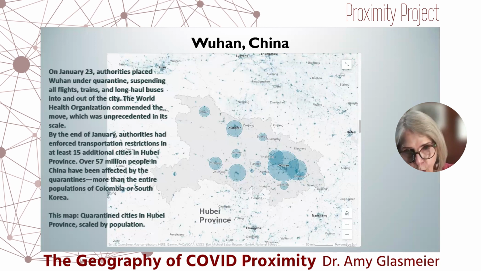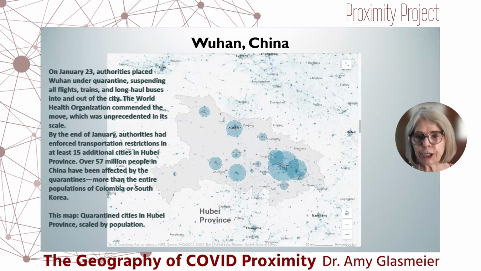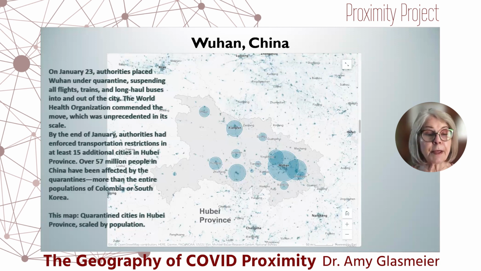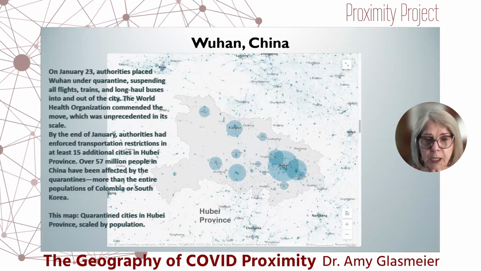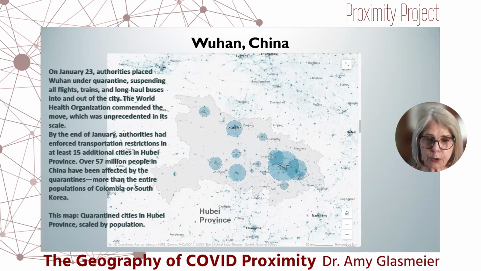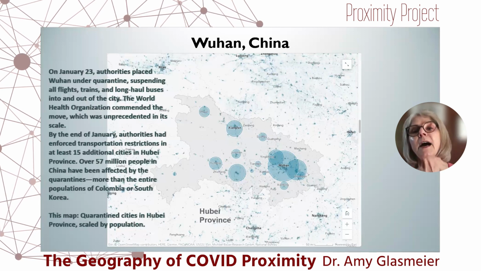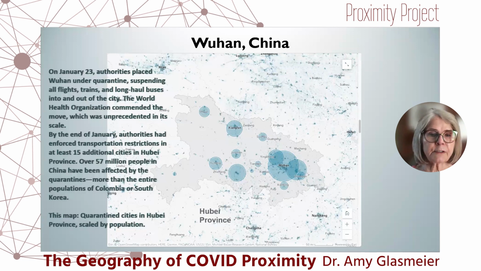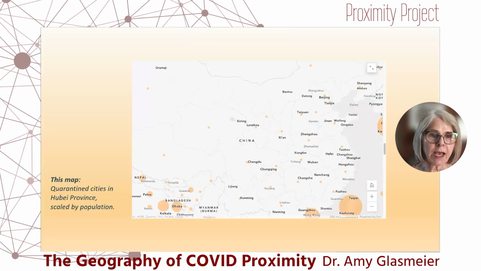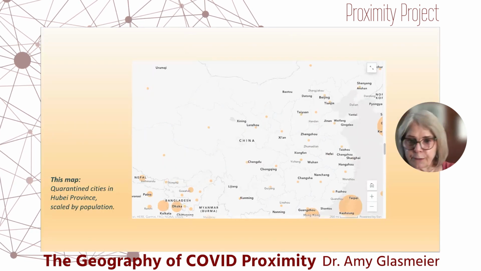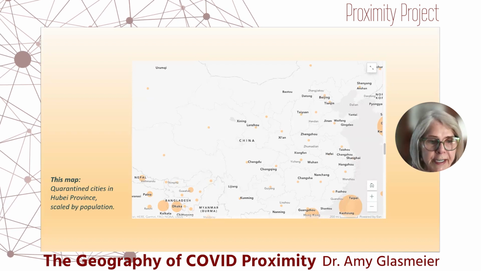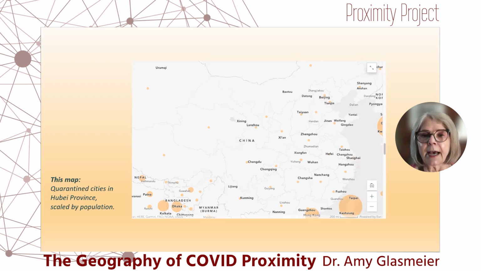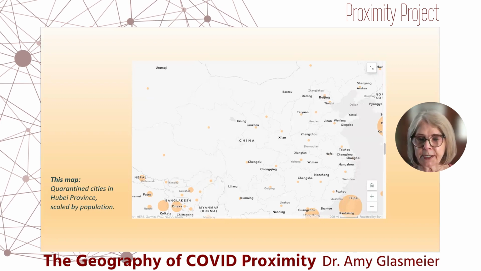So if you take this whole region, it was essentially closed off, and the Chinese government wasn't prepared for the food supply that was going to be needed, the drugs that were going to be needed. They were building a hospital a day for thousands of people who were sick. This map shows the further pervasiveness of the quarantine in China, scaled by population.